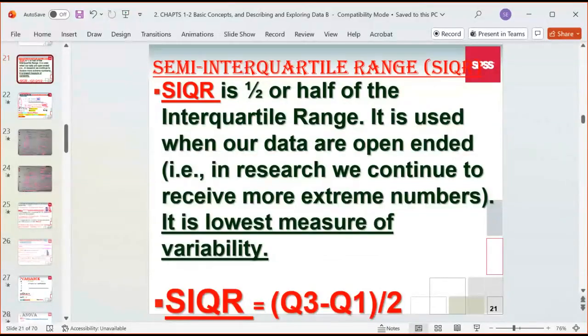We use it when we have extreme numbers, so we don't use those extreme numbers. We just stick with the middle. That's a better measurement. So that was range, interquartile range, and semi-interquartile range.